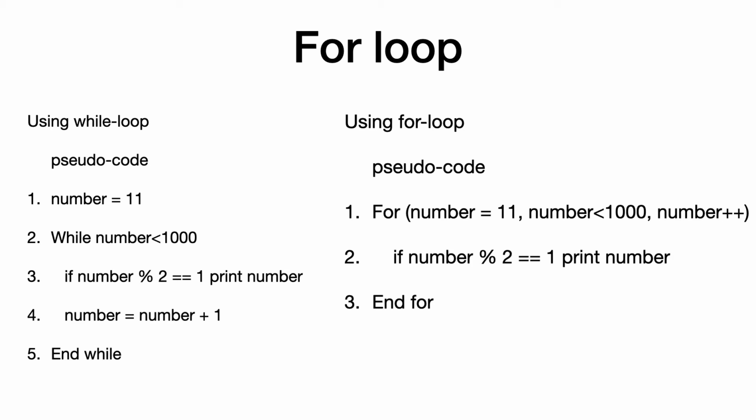In the case of the while, the control variable needs to be initialized before the line of the while. And within the while, we need to modify that variable so we make sure that the while will finish eventually. In the case of the for, the control variable is declared and initialized in the same line as the for loop. The condition is on the same line, and the increment is also in the same line.